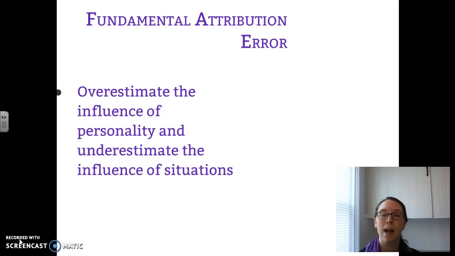Logically, people's personalities aren't driving all of their decisions. When we learned about personality theory, we even talked about the person-situation controversy. And we said that honestly, a social cognitive perspective tells us environment matters a lot, but we have this tendency to overestimate the influence of personality and underestimate the influence of situations.